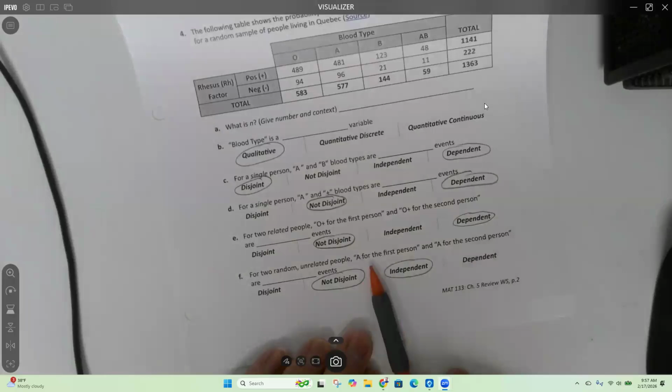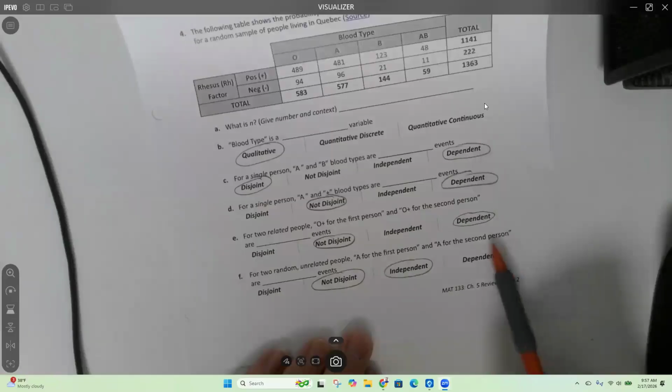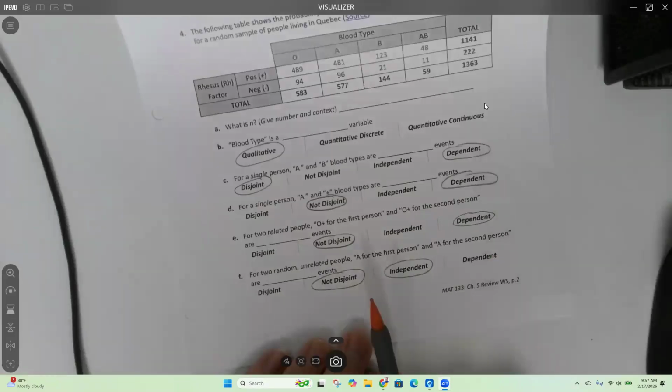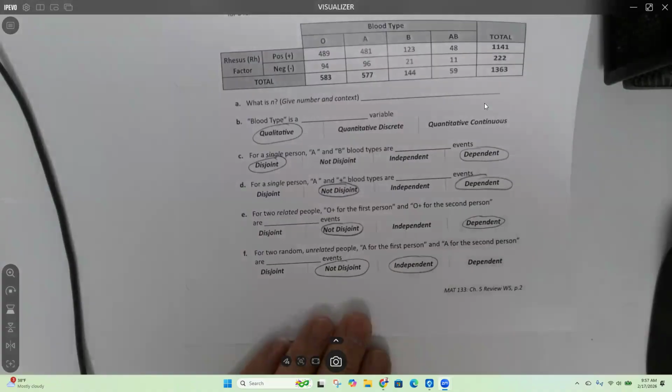If I'm not related to them, then me being A doesn't change the chance that they're A. Okay. Hopefully that makes sense. If it doesn't, that's okay. You only need to circle one of these four. As long as you understand that it's not disjoint, then you're good.